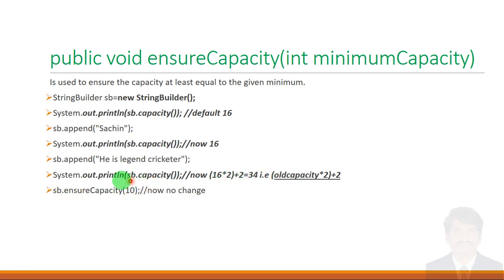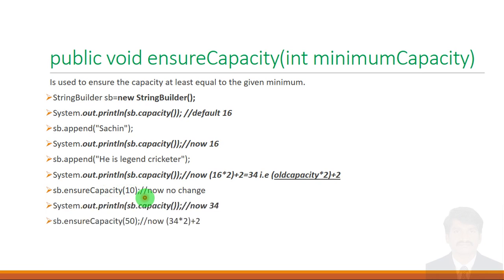And it is being asked for a capacity of 10. It will just ignore it. Capacity will not grow. But when we say sb.ensureCapacity of 50, hey, make sure that you have this much capacity. Then the capacity has to grow. How it will grow is 34 into 2 plus 2, that is 70.